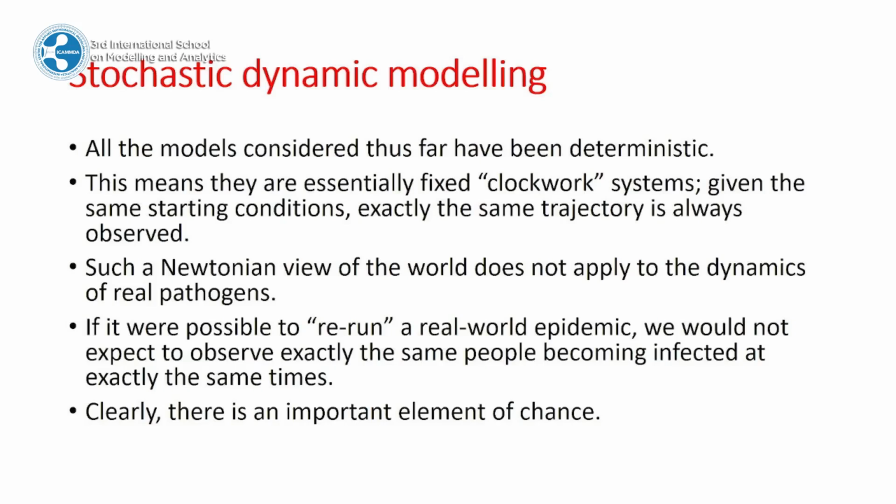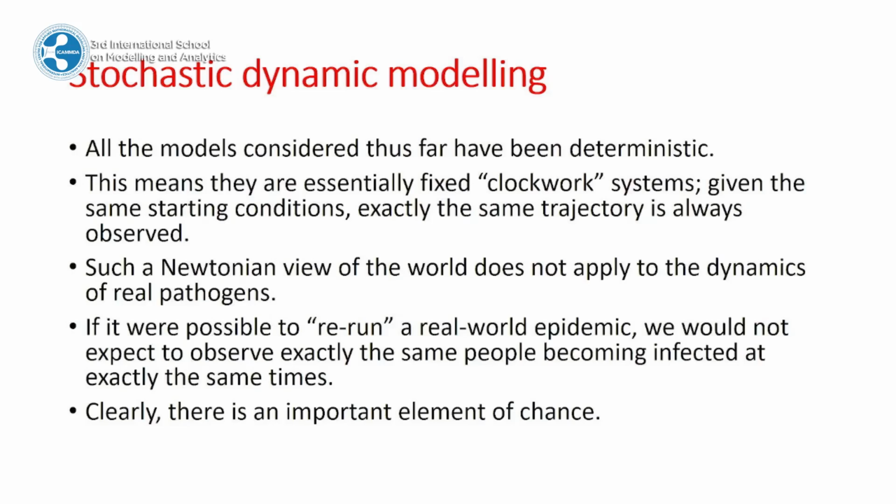All the models considered thus far have been deterministic, like I said. This means that they are essentially fixed clockwork systems. You already know what you get. It's fixed. When you have an initial condition, you know what it's going to produce for you. But for stochastic models, there is a lot of randomness, so you cannot really predict.